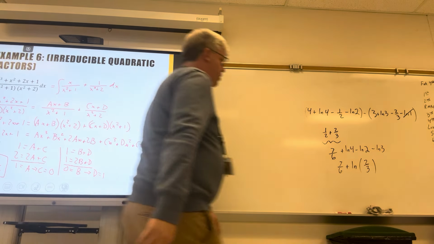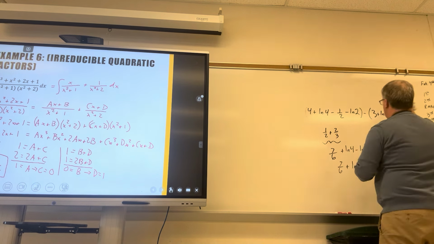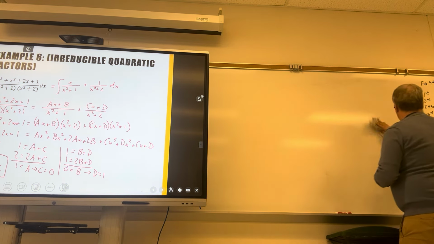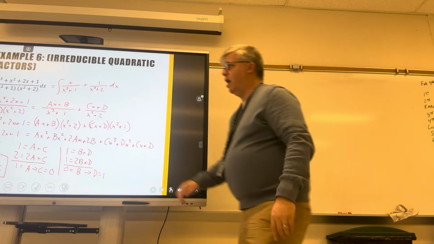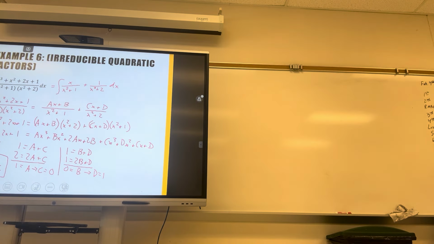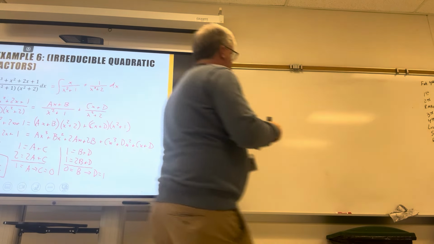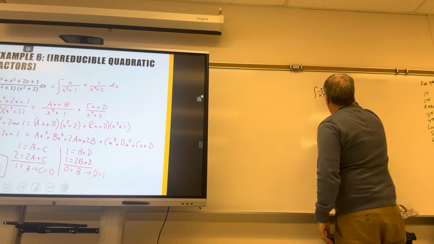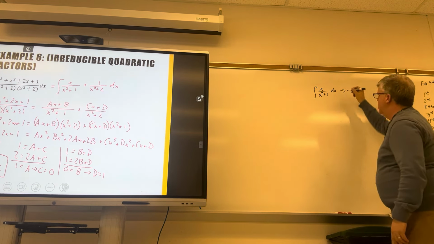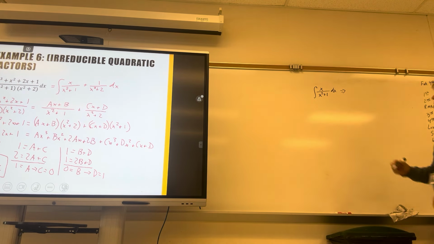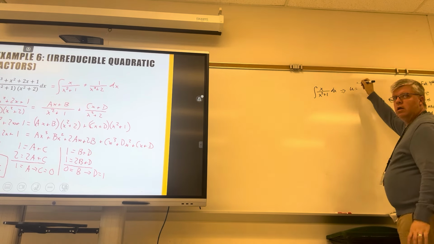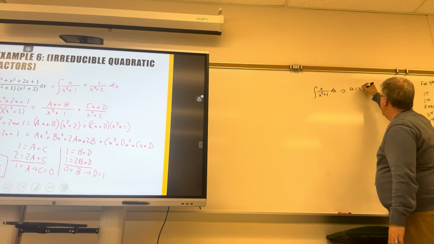Let me come over here for that. The first one should not be a problem. Can you figure out how we're going to do x over x squared plus 1? How would I do just this? Use u, where u would be x squared plus 1.